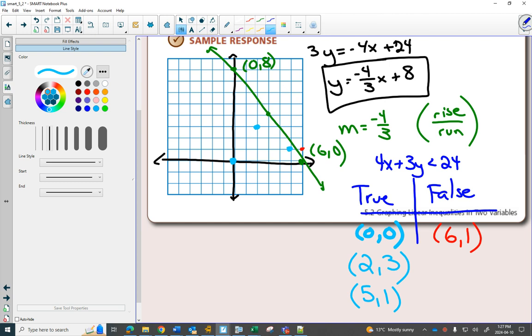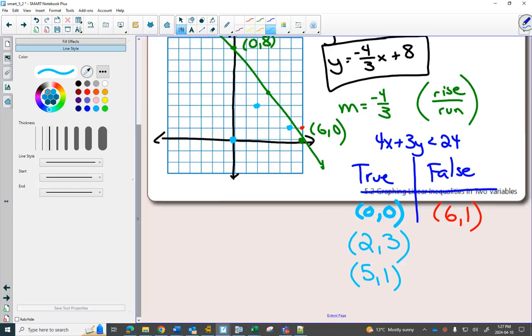Okay. (1, 5). 4 and 15 makes 19. That's another blue one. (5, 5). That's cool. 20 plus 15, 35. That'll be false. (3, 2). Okay, now you just want to keep guessing points to see how long you can make me do this.